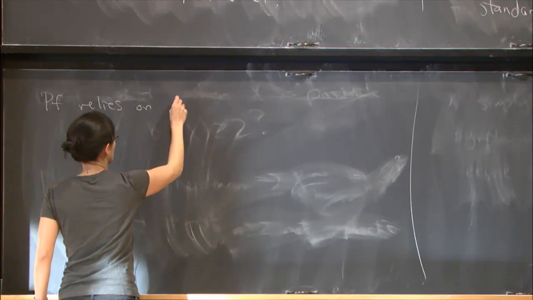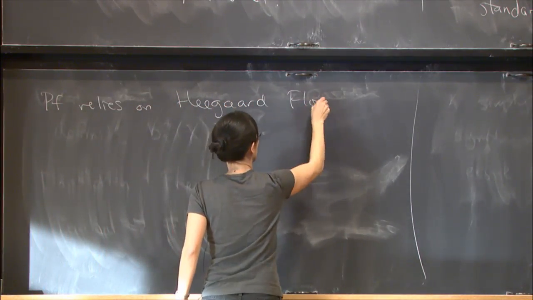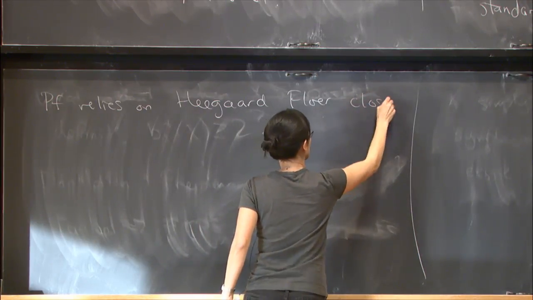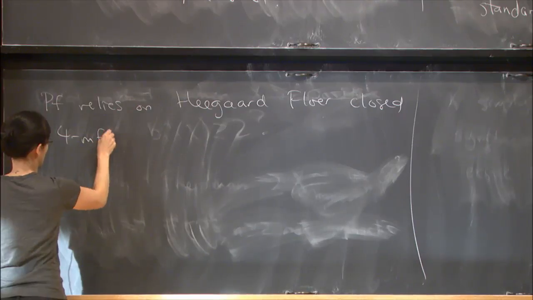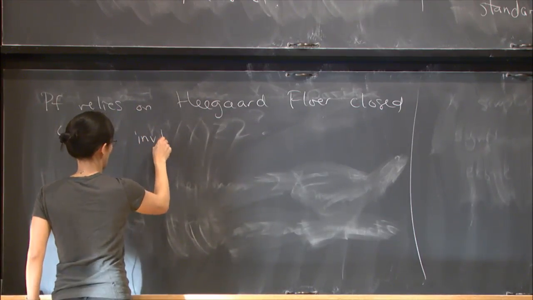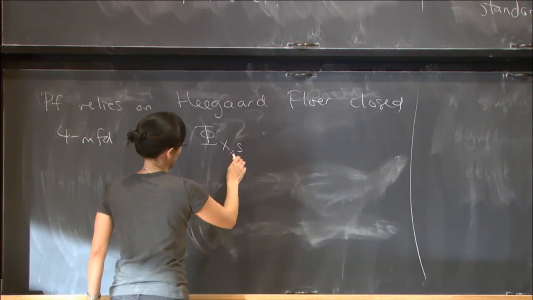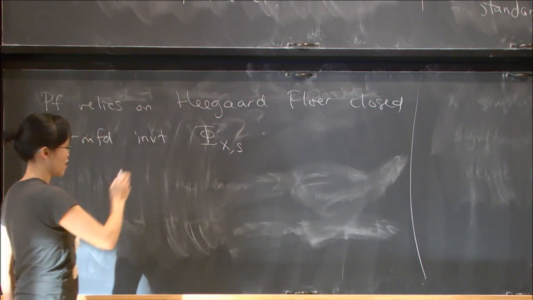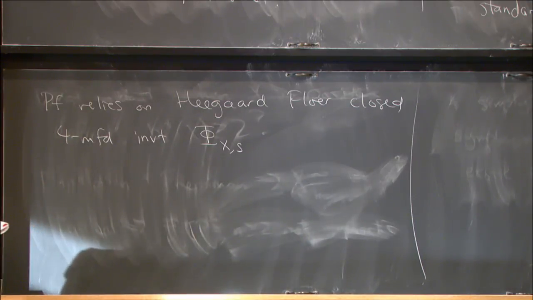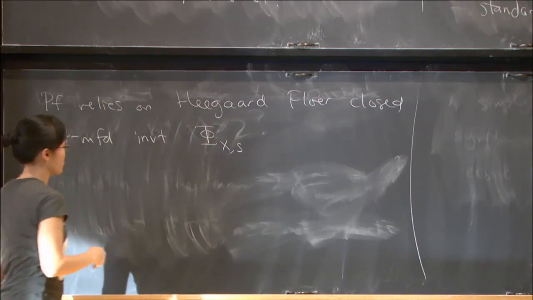The proof relies on the Heegaard Floer closed four-manifold invariant, which I'll denote phi sub X comma s. So X is a four-manifold, and s is a spin-c structure on X. What feature of this invariant do we use?